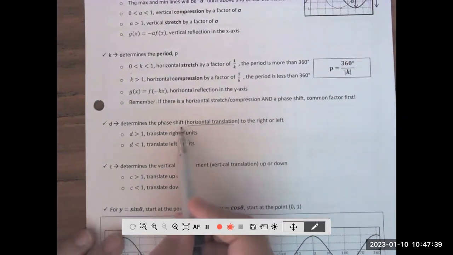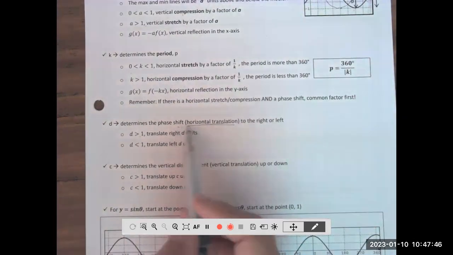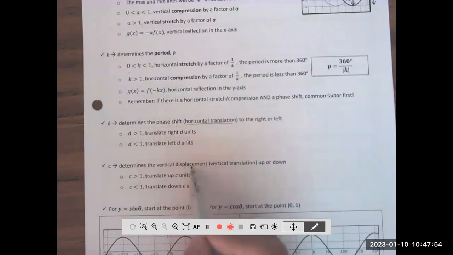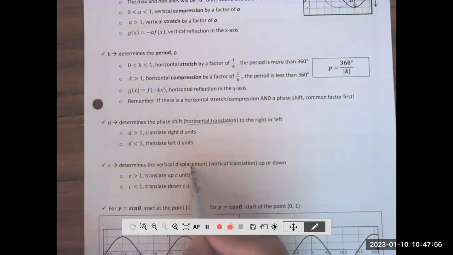So on your exam, on your culminating, if I ask you to determine the phase shift, what I'm really asking you is what is the horizontal translation? If I ask you what is the vertical displacement, that term, just for sine functions and trig functions, I should say, vertical displacement is the same as vertical translation. So for whatever reason, just for trig functions, we have 2 new terms here.